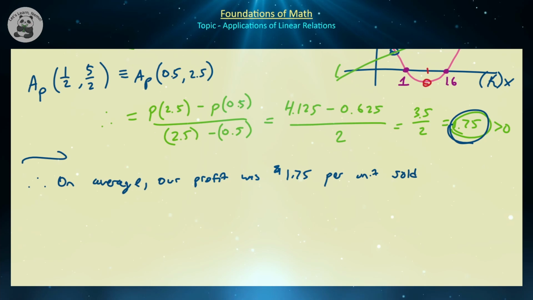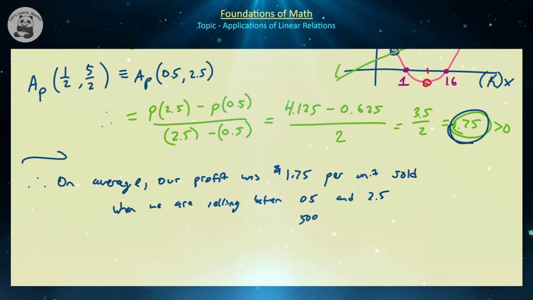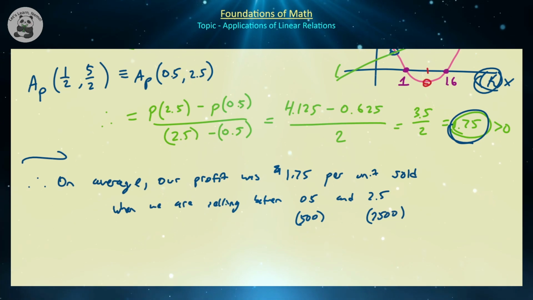If this is thousands of units, that's 1.75 on average profit per 1,000 units sold when we are selling between 0.5 and 2.5 units, or between 500 and 2,500 units if you're considering this to be in terms of thousands. That would be 500 units or 2,500 units if this were truly in thousands of units, which I didn't specify, so that's open-ended depending on how you've defined these particular units.